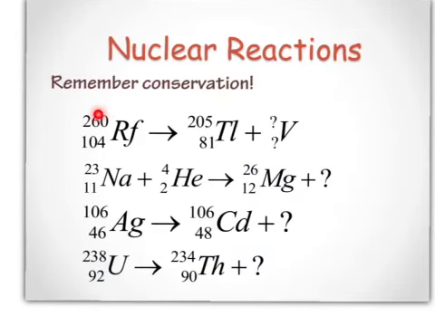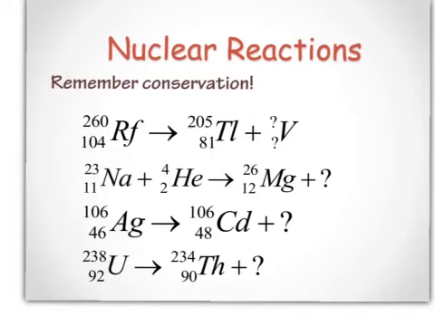Now try balancing these equations of nuclear reactions. You don't have to know what these elements are. You just have to balance these numbers. I'll do the first one with you. This 260 here, the mass number on this side, must be equal to 205 plus 55, obviously, to give 260.